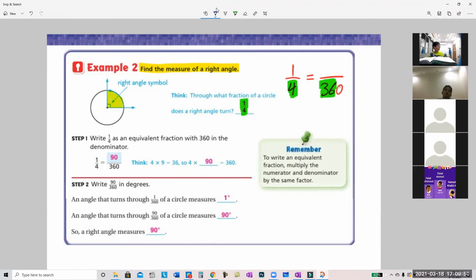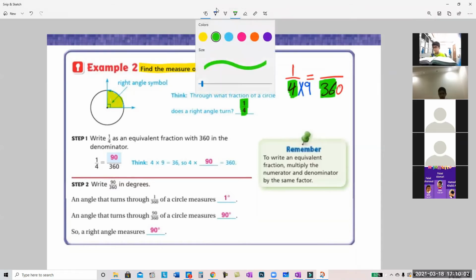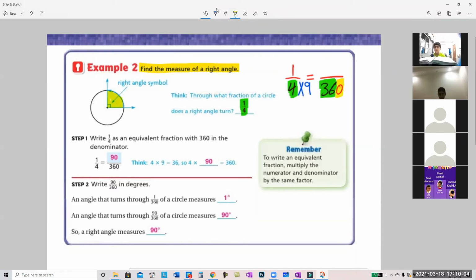But 4 becomes 36, so how? It gets bigger. We multiply by 9. But we have a 0 left over, so don't forget to put it. So it becomes 90.